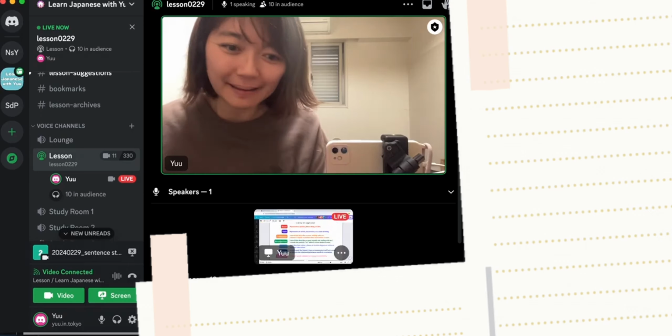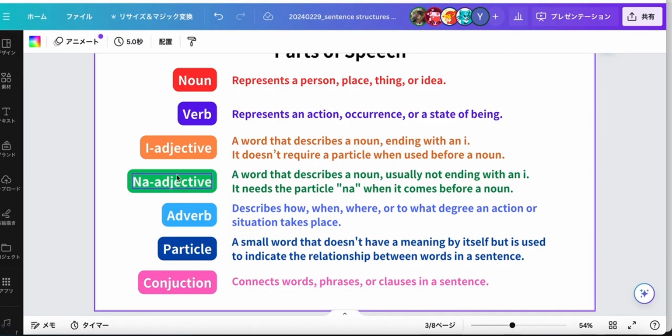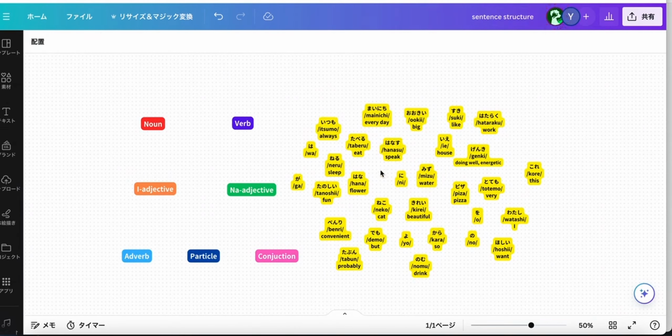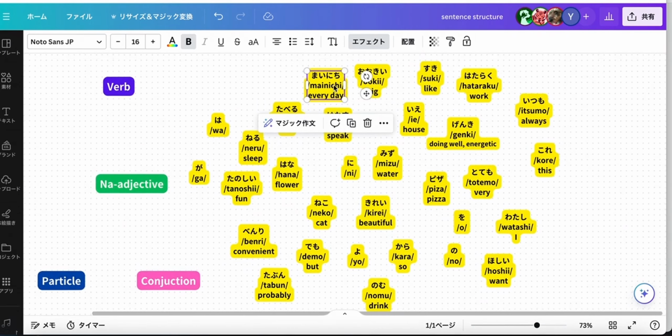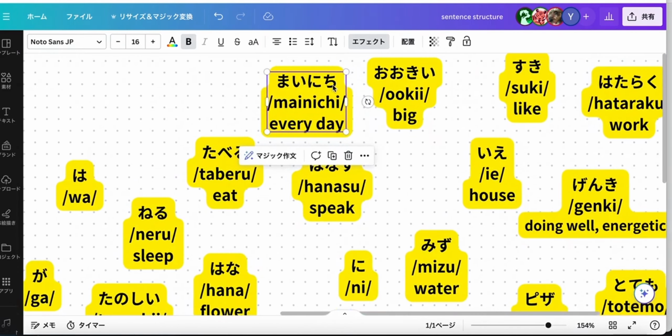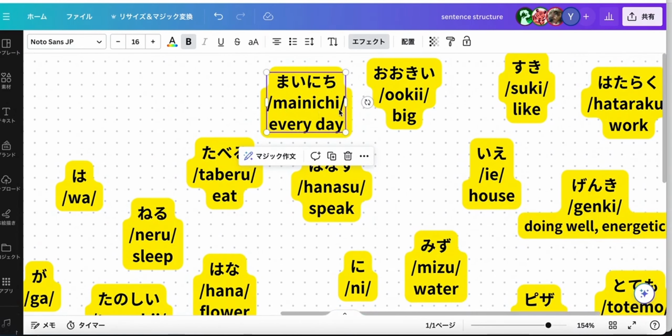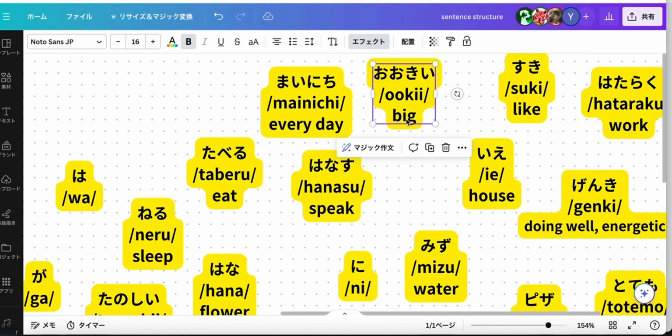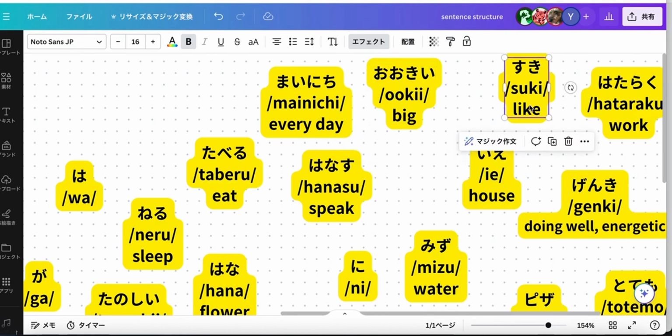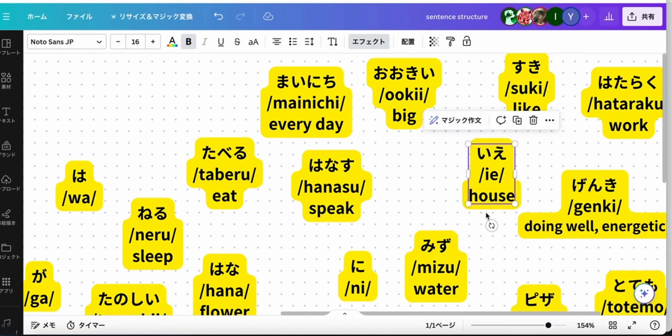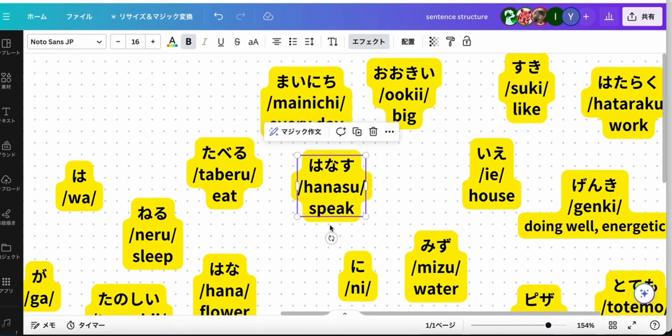Now, if you guys don't have any questions or opinions about this page, I want you to look at the other slide, the other whiteboard. So I got lots of Japanese words here, like 毎日, every day, 大きい, big, 好き, like, 家, house, 話す, speak.